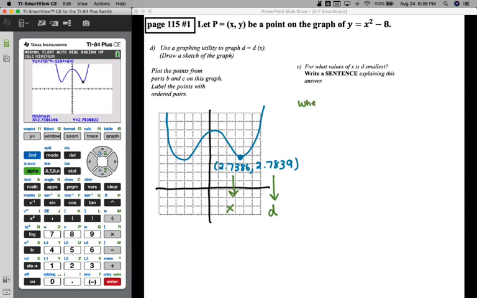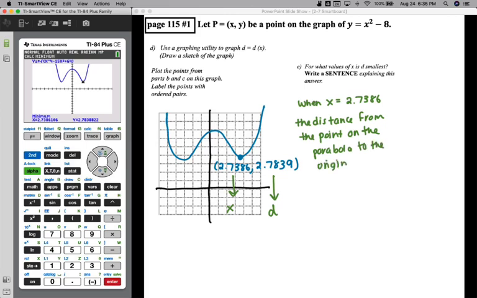Well, when x is equal to 2.7386, the distance from the point on the parabola to the origin is the smallest at 2.7839 units.